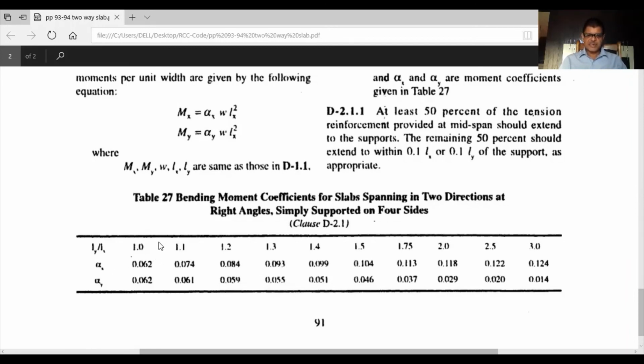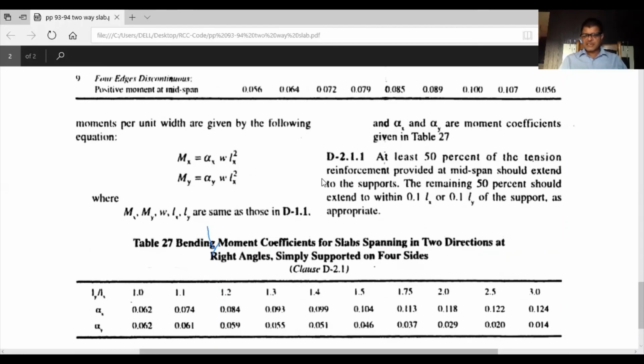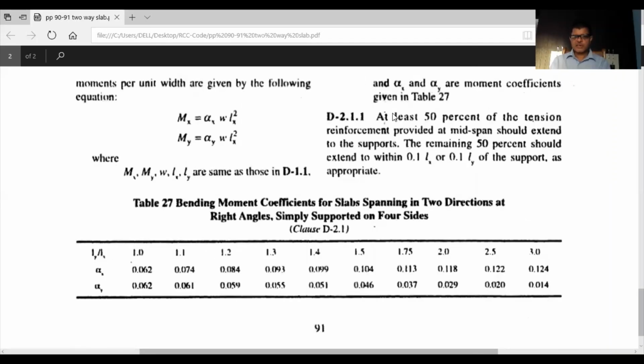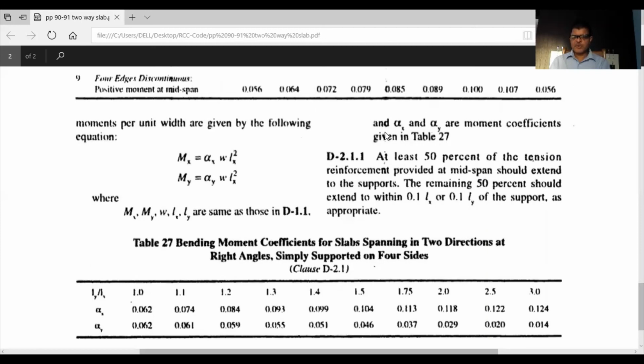And if the value is intermediate, then you go for linear interpolation, for example between 1.1 and 1.2. So Mx and My are given in this Table 27.